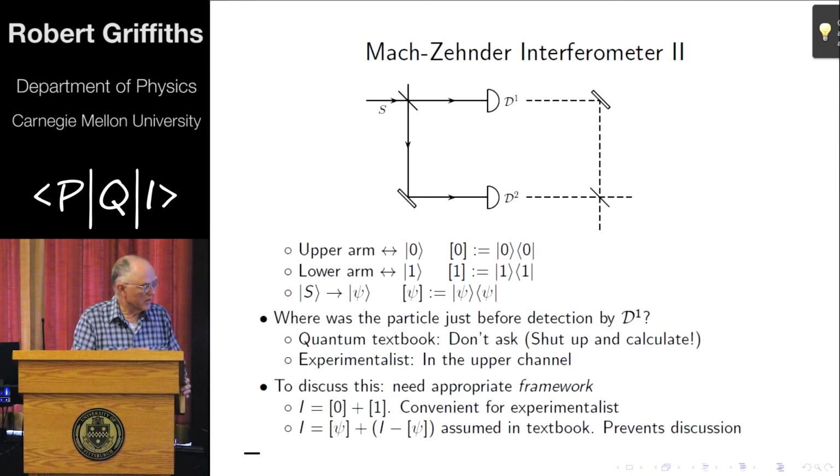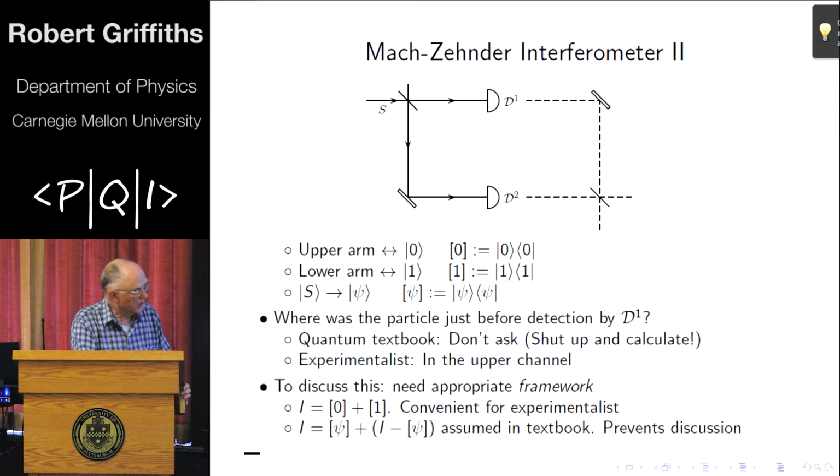you can make sense out of this and say it was either 0 or it was 1, in the upper arm or in the lower arm. There are cases when you can do that. Another split up, by the way, is to say the identity is psi, the superposed state, plus the identity minus psi, and this is also perfectly good, and in fact is what is implicitly used in textbook discussions.